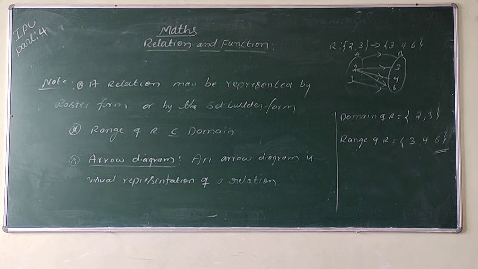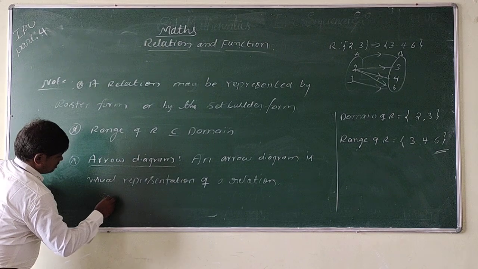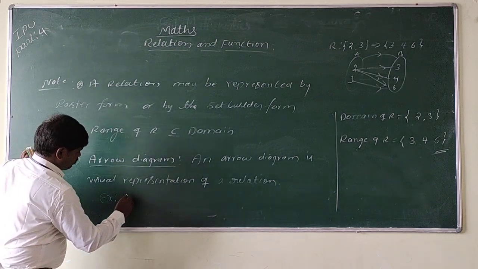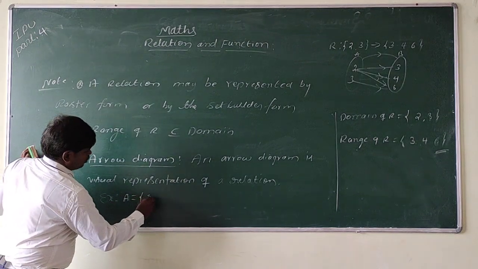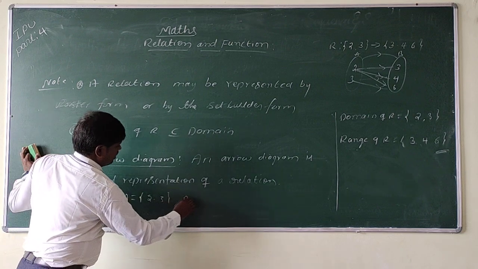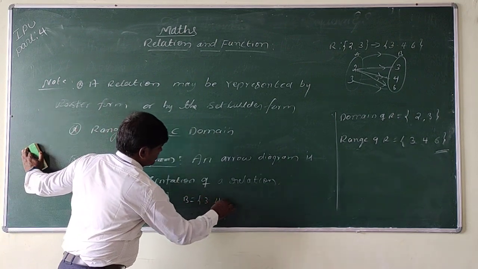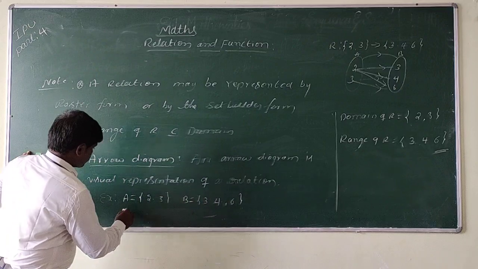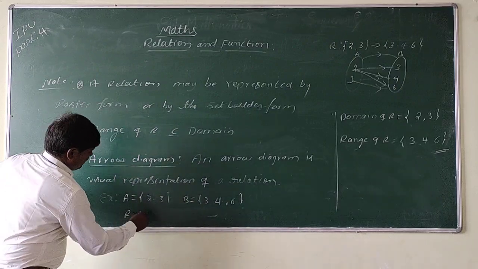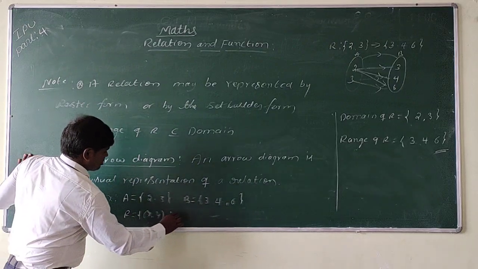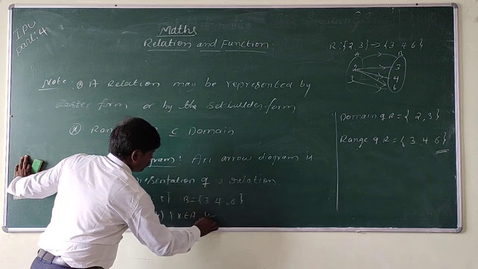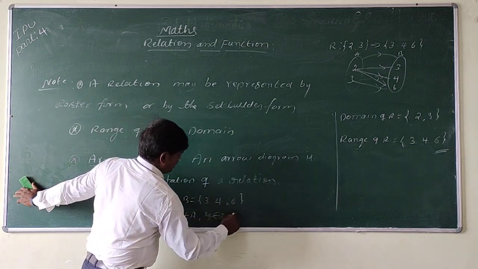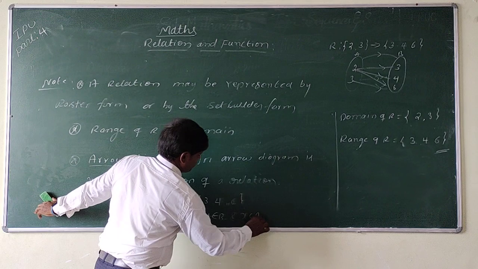Suppose you are taking an example. Say A is equal to 2, 3 and B is equal to 3, 4, 6. Okay, and R is defined as the set of x comma y such that x belongs to A, y belongs to B, and x is less than y.